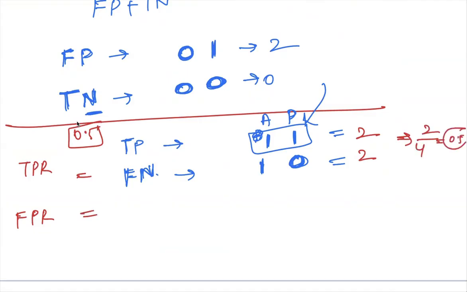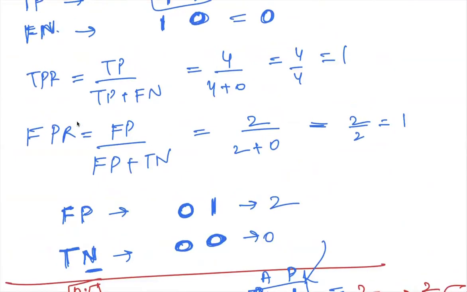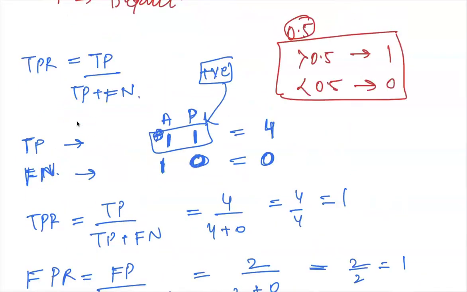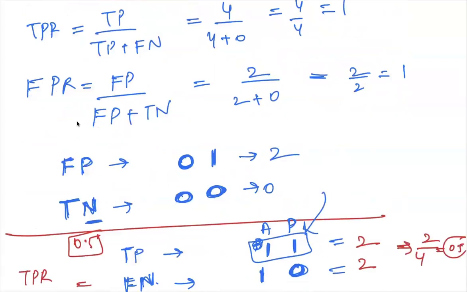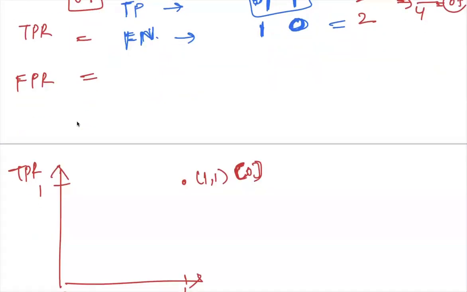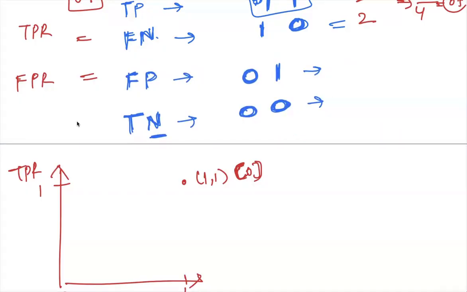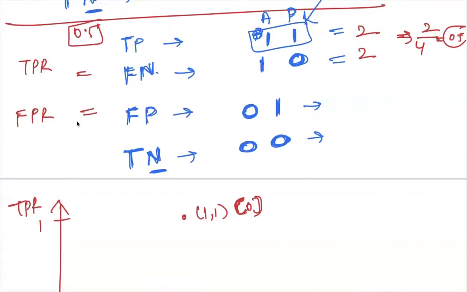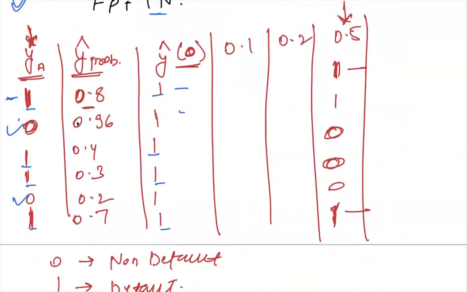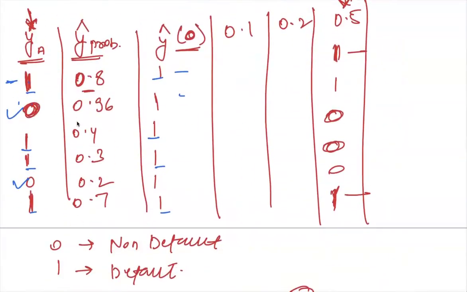Similarly, we will calculate the false positive rate the same way. So what we need to look at is 0, 1, which is a false positive. So 0 is here and 1 is here, so that is one case.